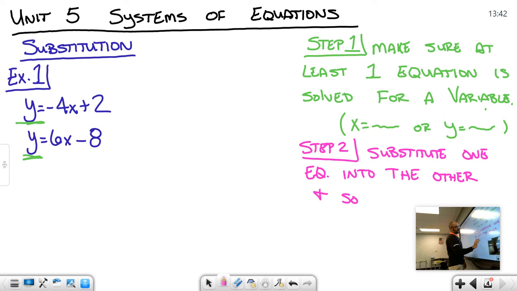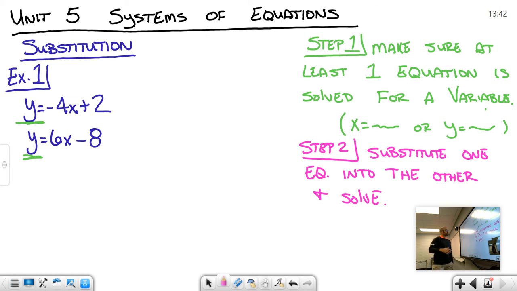And solve. Okay, so what I mean by that, by substitute one equation into the other, we're going to use substitution. So if I said y equals 3x plus 4, x equals 9, what are you going to do? Well, you're going to substitute 9 in for x. I told you that's what it was, right?